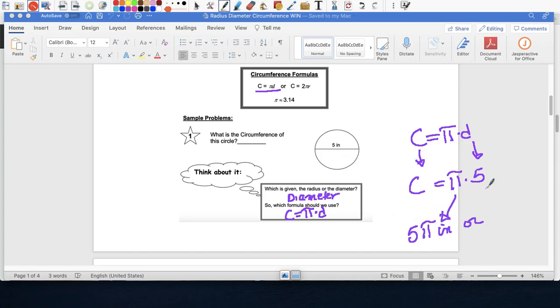Or you actually get to multiply 5 times pi, and the numerical value would be 15.71 inches. Yeah, that's it.